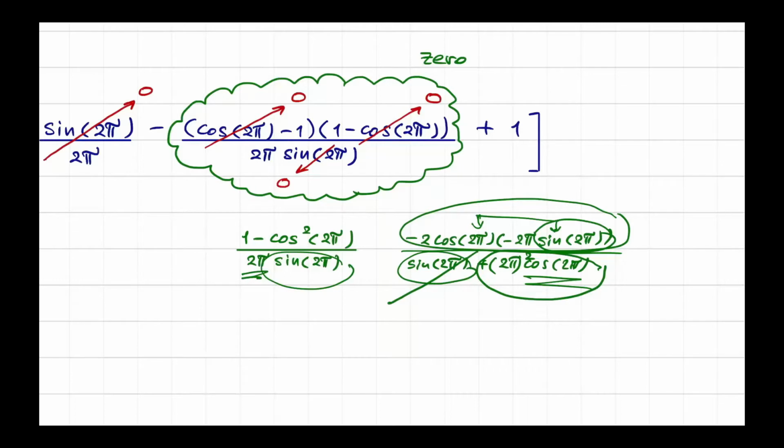So you differentiate 1, you get 0. Before that, how did it become 1 minus cos square 2 pi? This multiplied by this. 1 cosine minus 1 and 1 minus cosine.